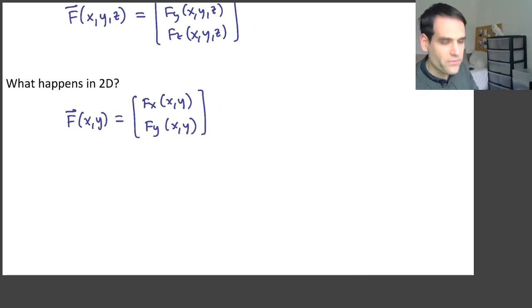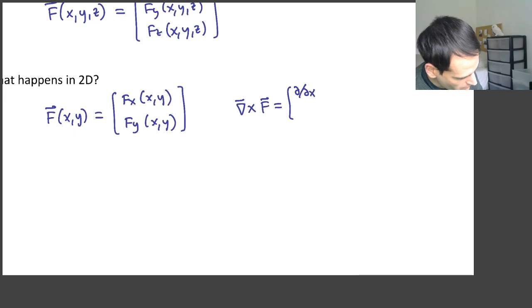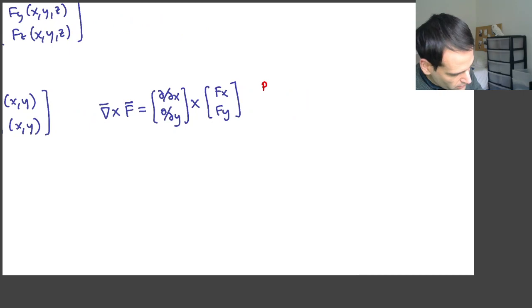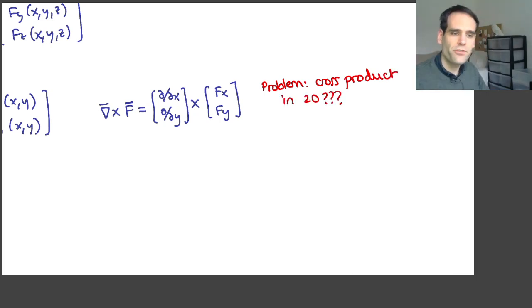The problem is that if we now want to calculate the curl of f, this would be the cross product between the nabla operator in 2 dimensions and these 2 functions. The problem is that the cross product is not well defined in 2 dimensions. Okay, you realize the problem, right?